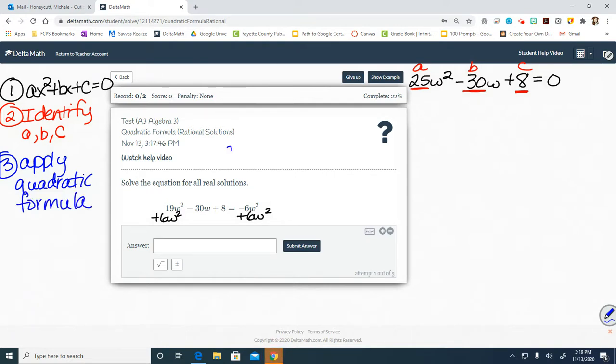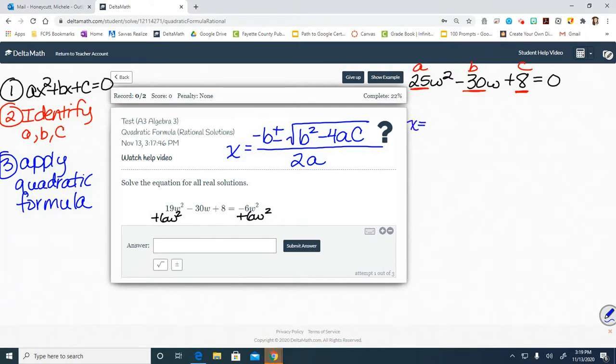So if you forgot the quadratic formula, here it is. X equals negative b plus or minus the square root of b squared minus 4 times a times c all over 2 times a. So I'm going to substitute in negative 30 for b, 25 for a, and 8 for c.